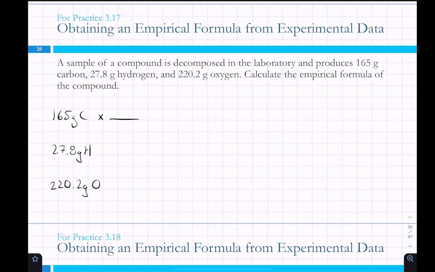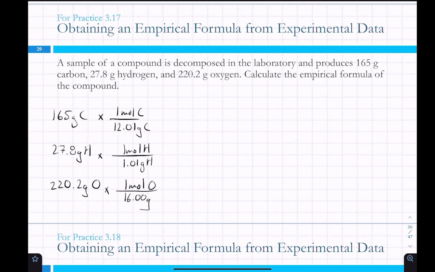So 1 mole of carbon is 12.01 grams of carbon. 1 mole of hydrogen is 1.01 grams of hydrogen. 1 mole of oxygen is 16.00 grams of oxygen. And so really we end up dividing each of these by their molar mass.